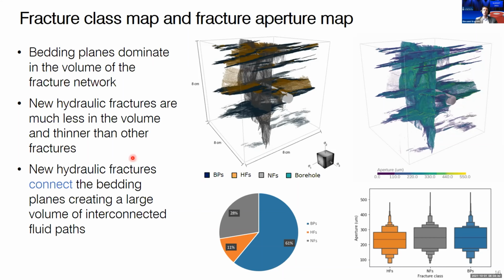That means that, apparently, in our lab test the new hydraulic fractures function as a connection to the bedding planes, and by connecting and allowing fluids to activate those bedding planes, they are key to creating a large volume of interconnected fluid paths. That's really what we think happened.